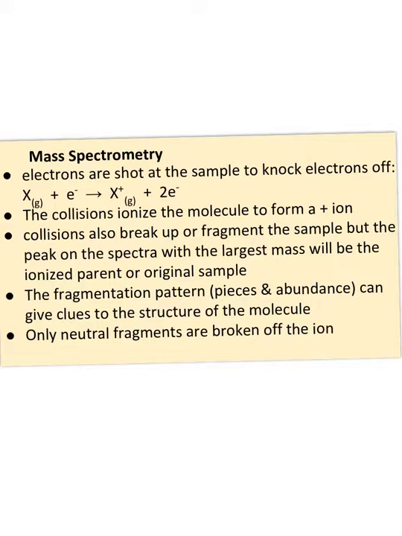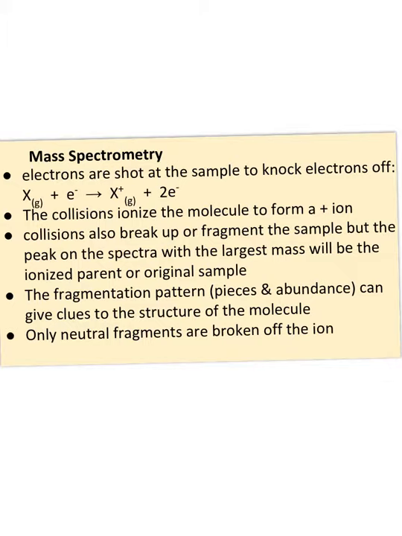When you look at the spectra, the largest mass has to be your original sample, your ionized parent, because a fragment can't weigh more than the original. But all the other pieces are going to be information about the structure, what kind of chunks broke off. Only neutral fragments are broken off and the ion is left behind.